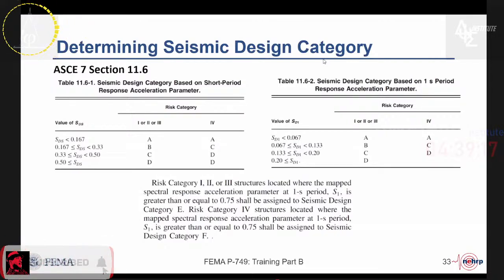If the value of S sub 1, also obtained from the ASCE 7 seismic hazard tool, is greater than or equal to 0.75, then that bumps your risk category up.